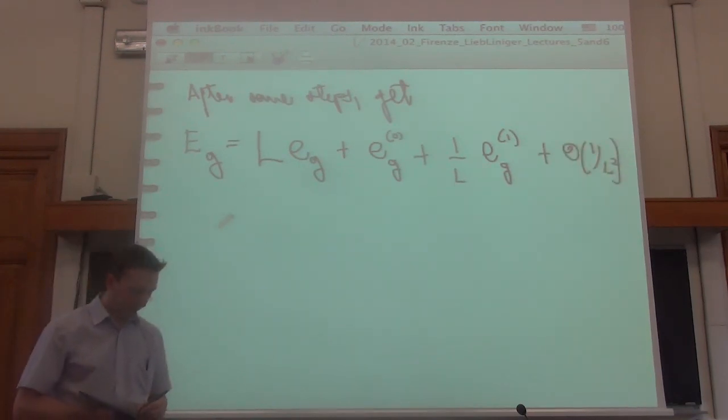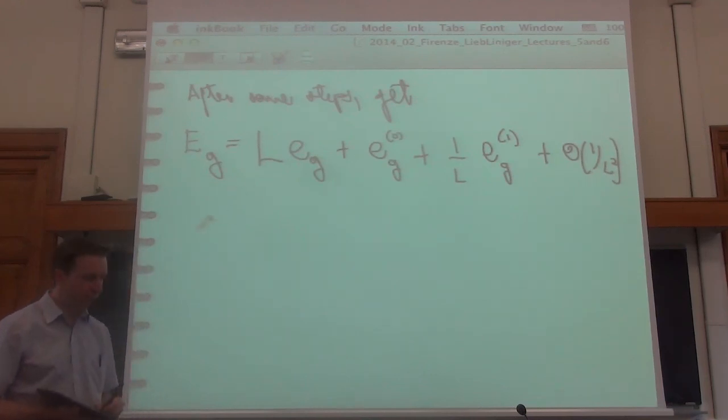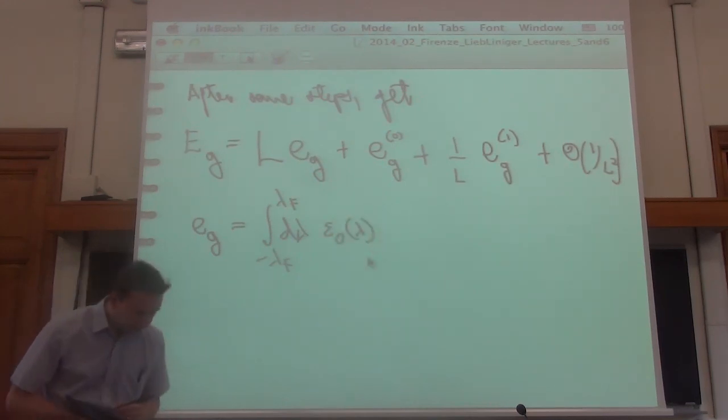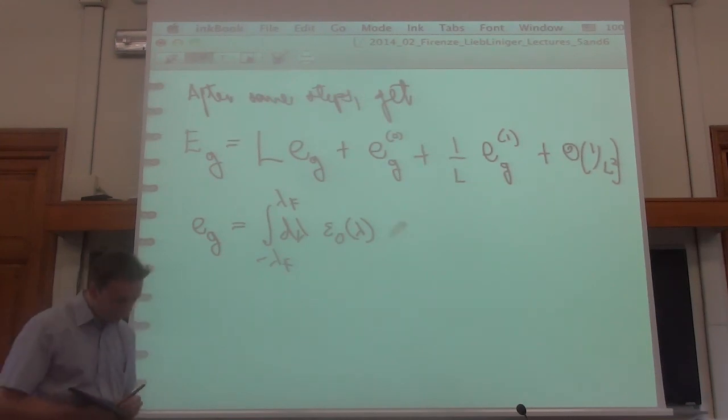Okay, where EG, the extensive energy density, is just the integral minus lambda f to lambda f d lambda of the epsilon 0 function times rho ground state of lambda.